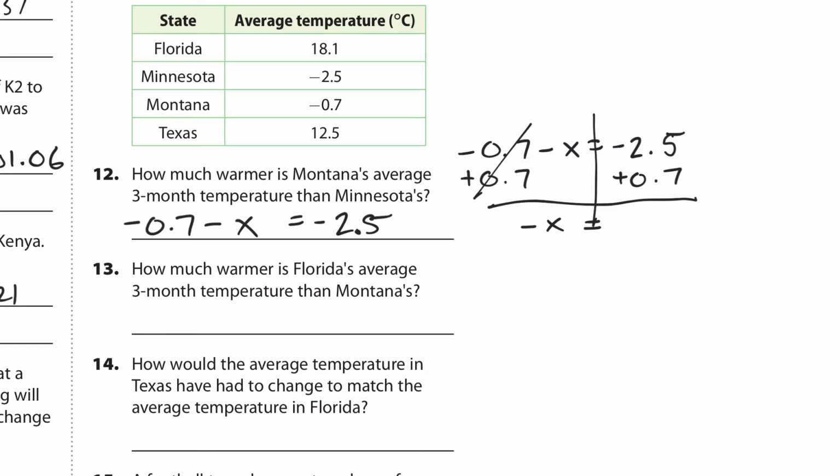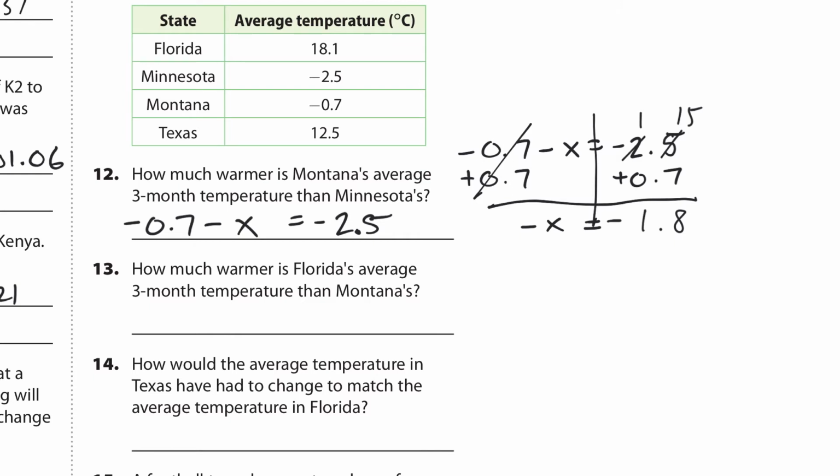So this is going to be negative, and I'm going to subtract them. 15 minus 7, and the bigger number's on top. So 15 minus 7 is 8, and I have 1.8. So I have negative 1.8.